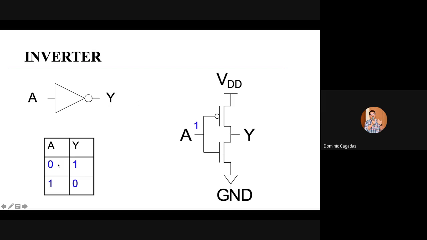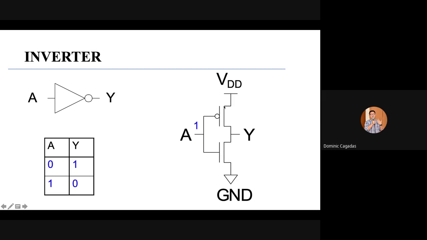If your input is low, which is 0, your PMOS will be turned on, since the PMOS only turns on when your input is low. So if A is 0, then your PMOS is on and your NMOS is off.